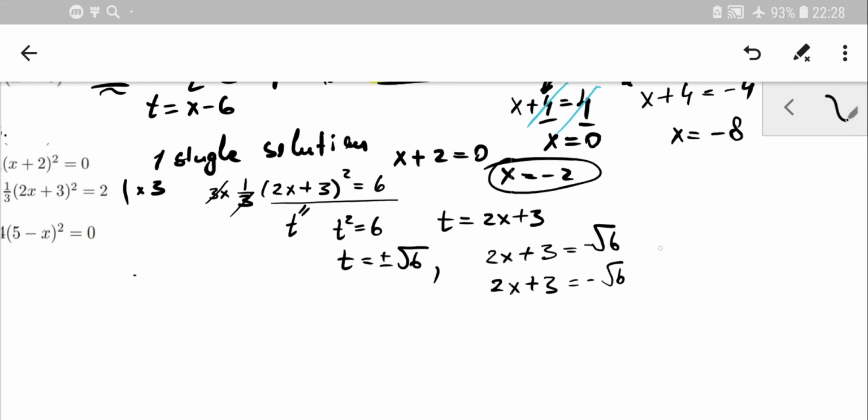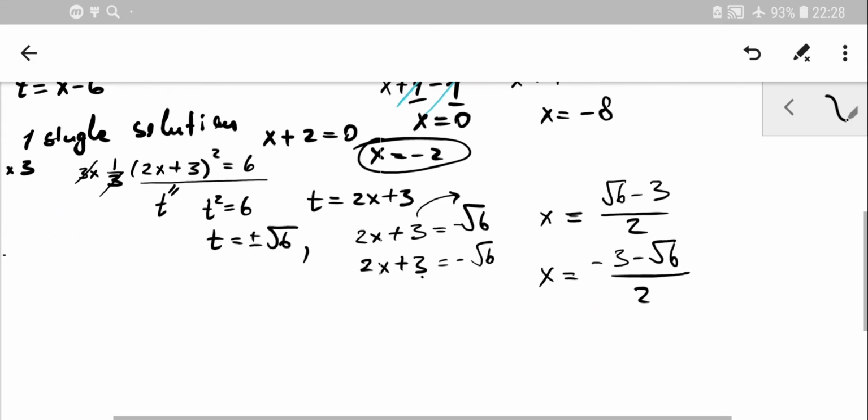Next step, how to resolve that? Simply transfer the 3 here, and everything divided by 2 I can do in one single move. So let's do the same: square root of 6, subtract 3, and because finally we need to find x, we just divide it by 2. That's how you can do it very easily. The same as for here, we transfer 3, we get negative 3, negative square root of 6, over 2.